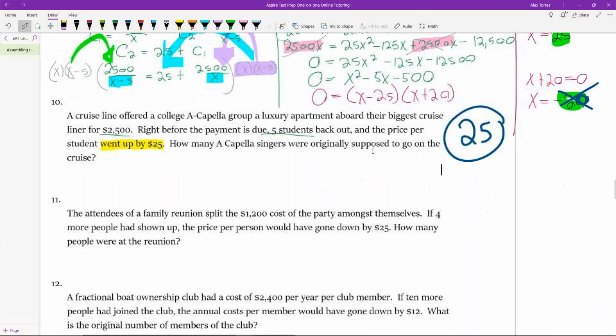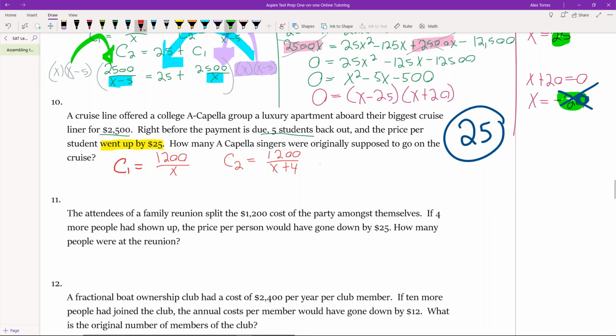So looking now at number 11, the same idea. We have the original cost, which is the price divided by the number of people. The new cost is the same price of 1,200 divided by the number of people plus 4, because 4 more people are showing up.